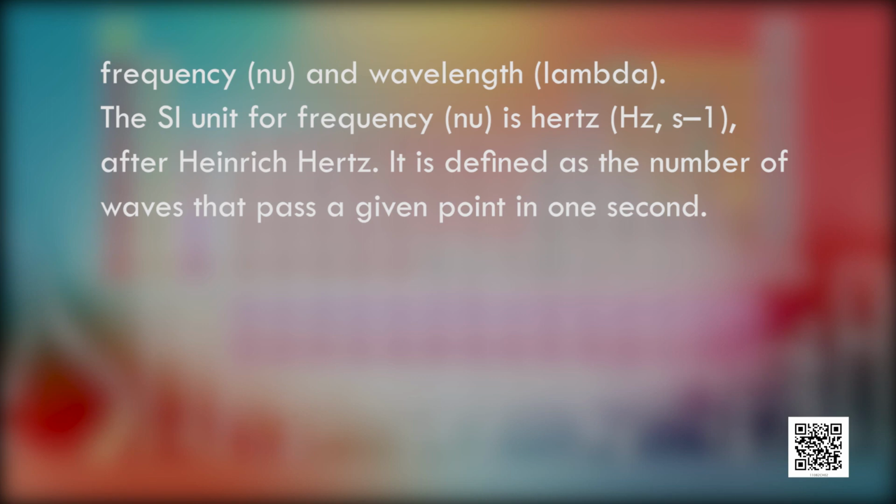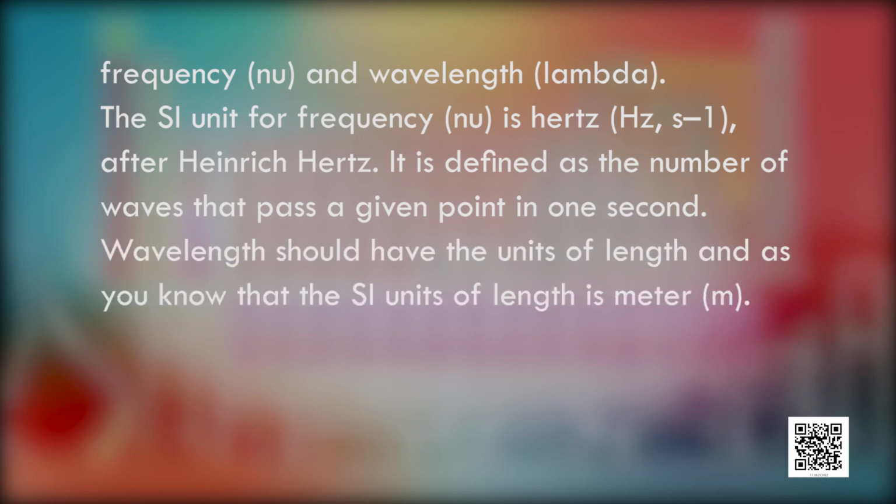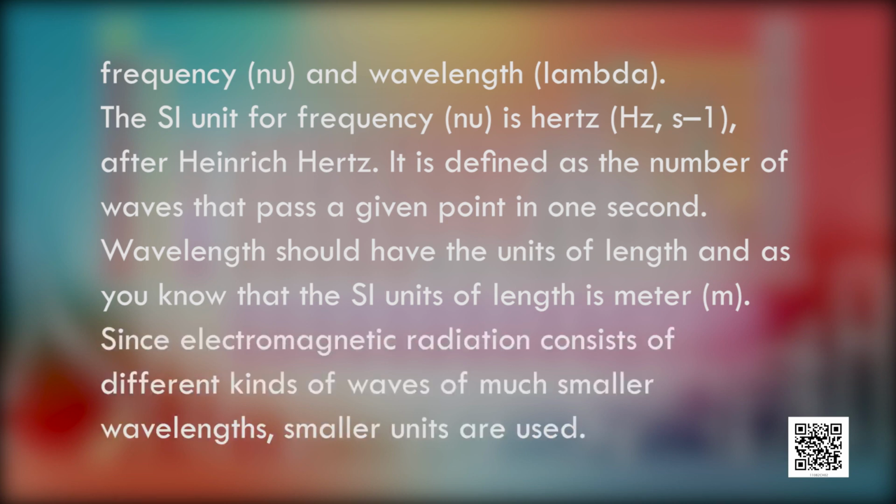It is defined as the number of waves that pass a given point in 1 second. You must have learnt about this in your physics class too. The wavelength should have the units of length. As you know, the SI unit of length is meter. Since electromagnetic radiations consist of different kinds of waves of much smaller wavelengths, smaller units are used.